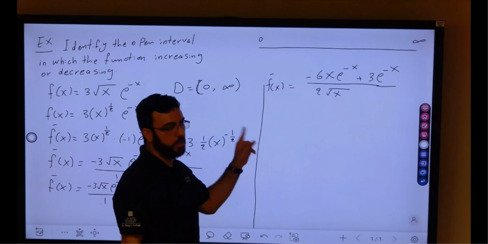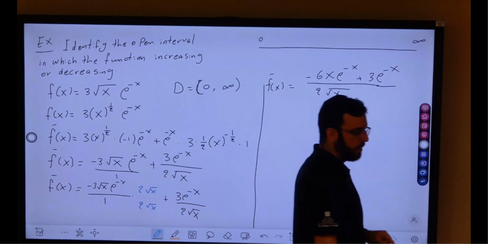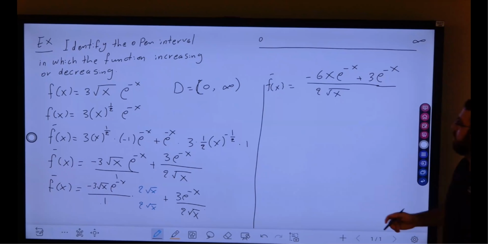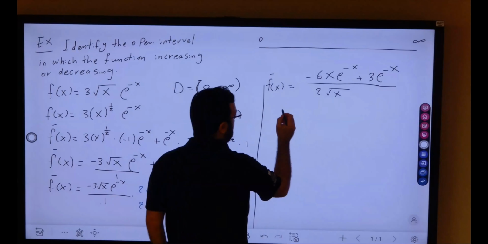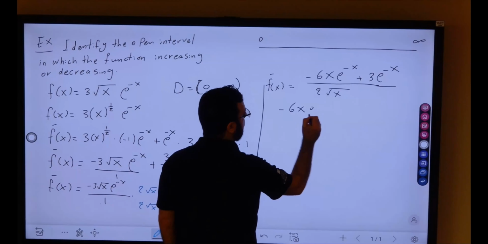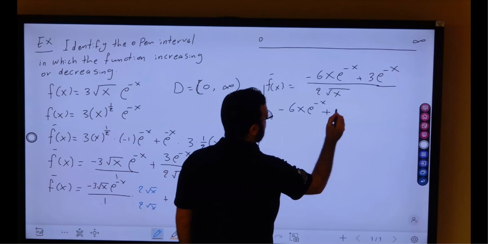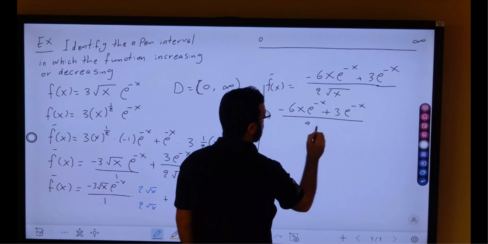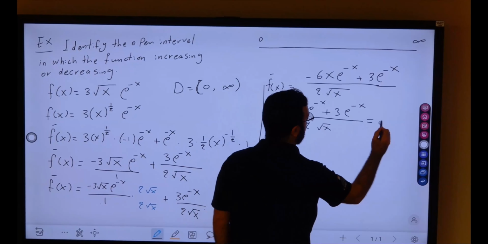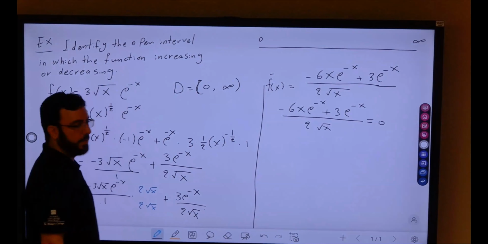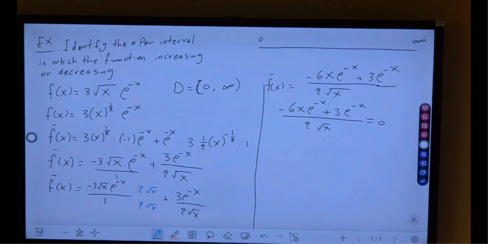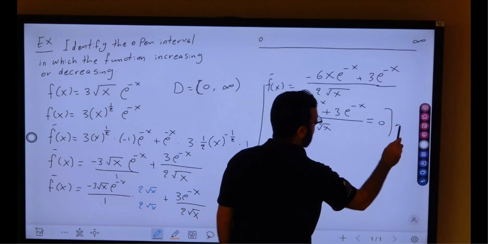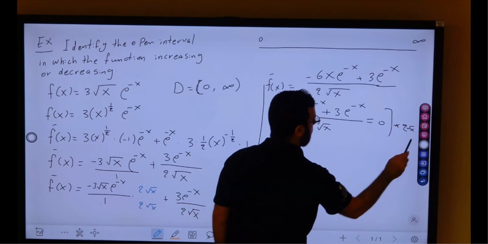What's the next step? We need to find the critical numbers. Then tell me. The derivative equals 0. That means -6x e to the negative x plus 3 e to the negative x divided by 2 square root of x equals 0. Next step, multiply the denominator by 2, so multiply everything by 2 square root of x.